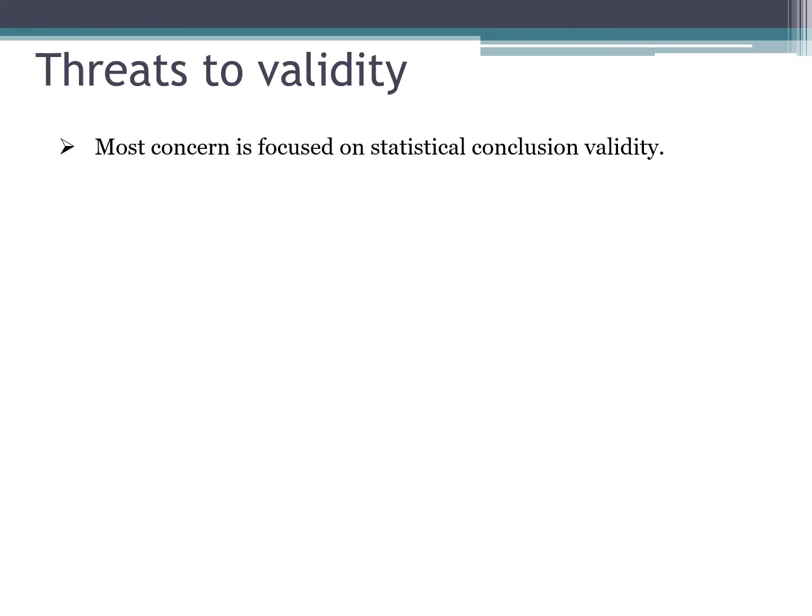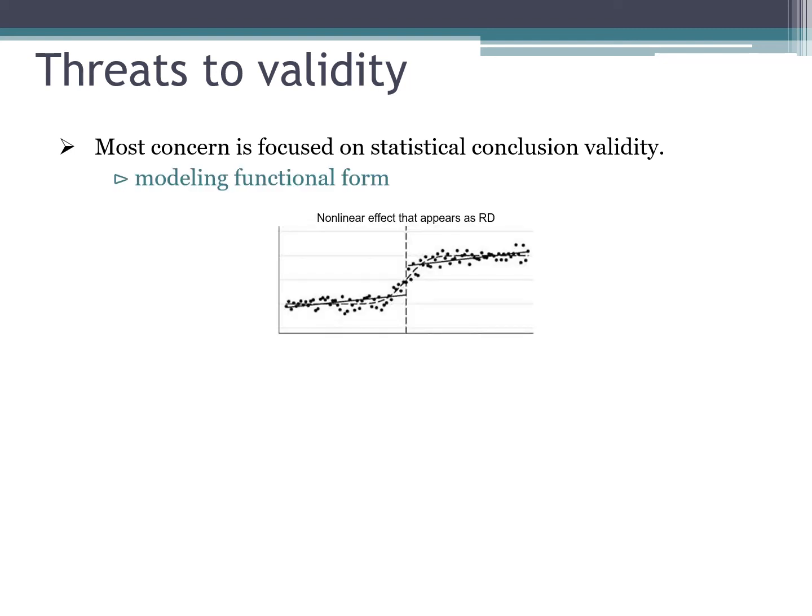Probably the biggest concern that's remaining with regression discontinuity that is unique to regression discontinuity and does not cause problems with random assignment is statistical conclusion validity. Fortunately, there are some ways we can evaluate and deal with this as well, but let me give you an example. The biggest concern is with modeling the functional form of the relationship between the assignment variable and the outcome variable.